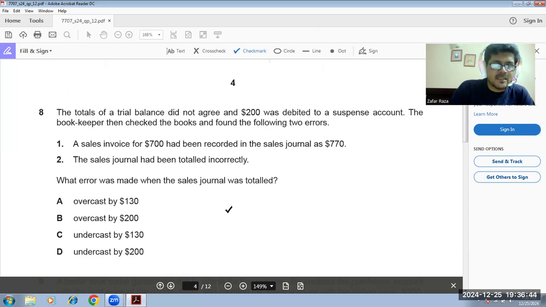The bookkeeper then checked the books and found the following 2 errors. It means the credit side is heavier. When the suspense was debited, it means the credit side was heavier than the debit side. So the bookkeeper had debited 200 in the suspense account.